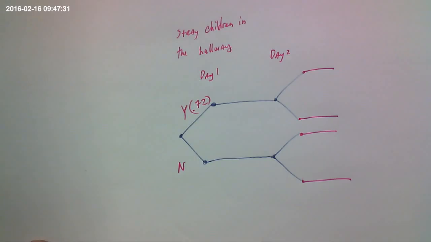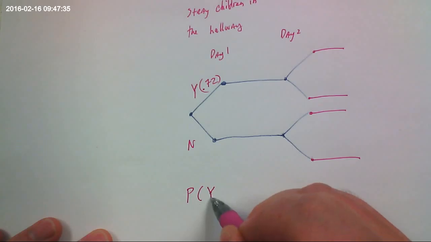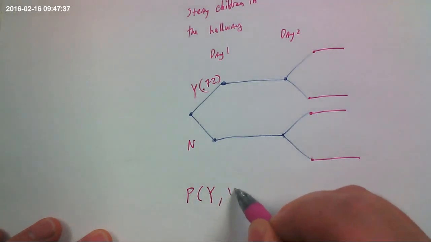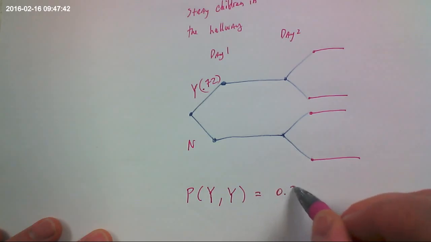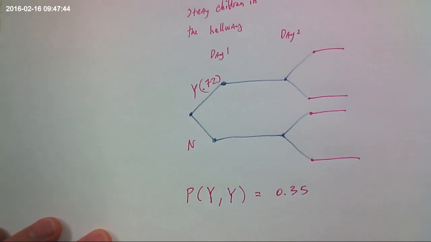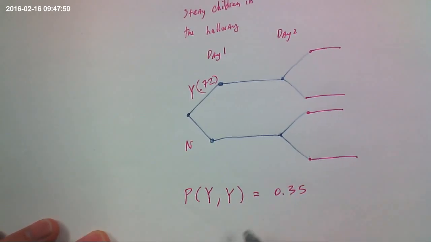And let's say that the probability that it's yes on day 1 and yes on day 2 is 0.35. What's the probability that it's yes on day 2?